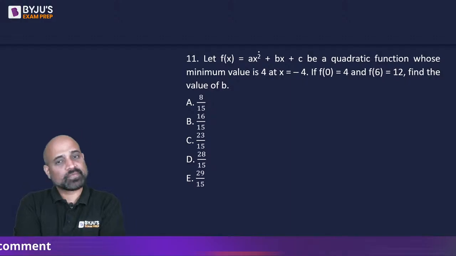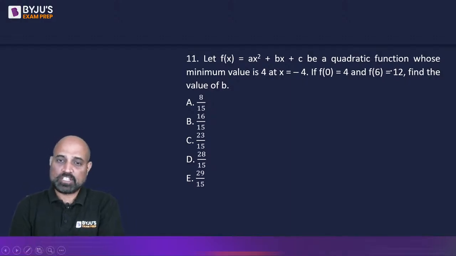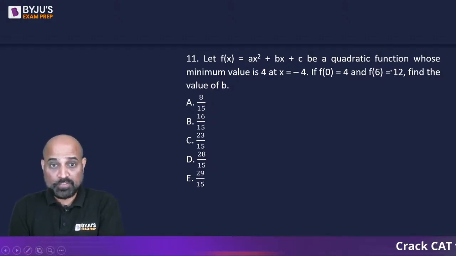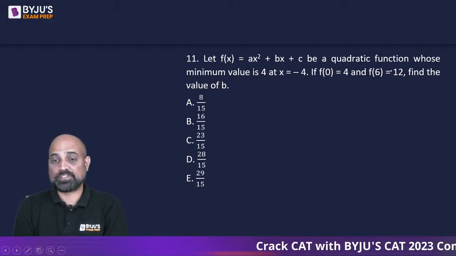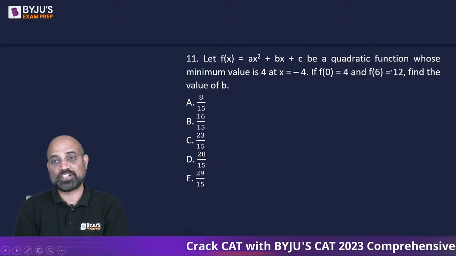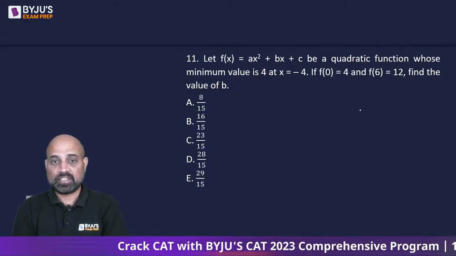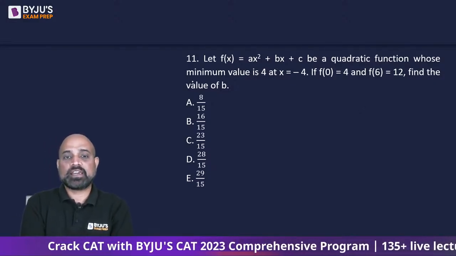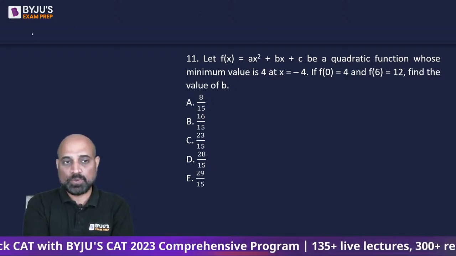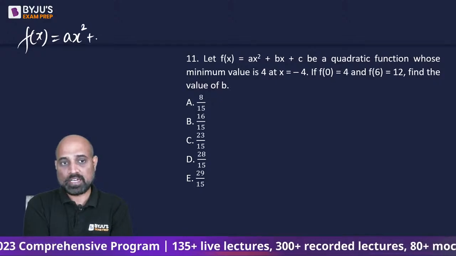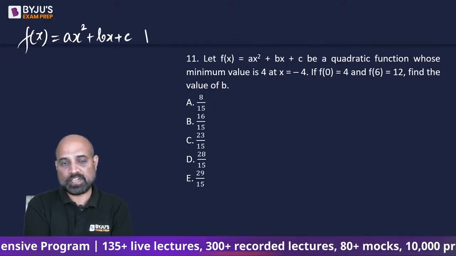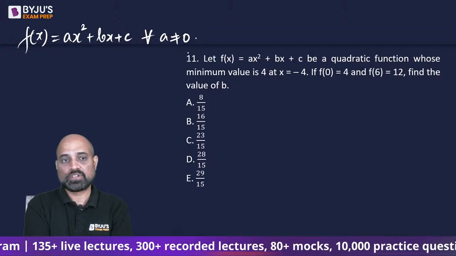Next question. Let f of x is equal to ax square plus bx plus c be a quadratic function whose minimum value is 4 at x is equal to minus 4. If f of 0 is equal to 4 and f of 6 is equal to 12, find the value of b. So ये याद रखना कि you are given a quadratic f of x is equal to ax square plus bx plus c, where a is not equal to 0.